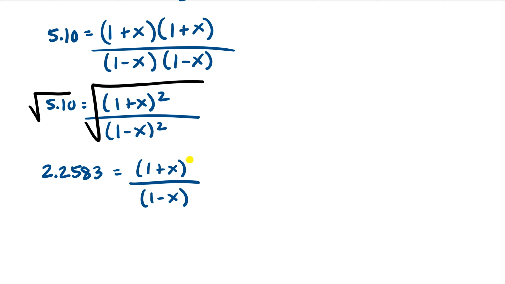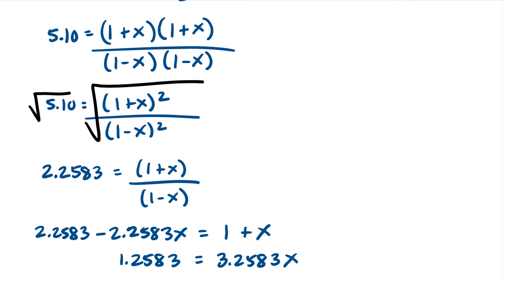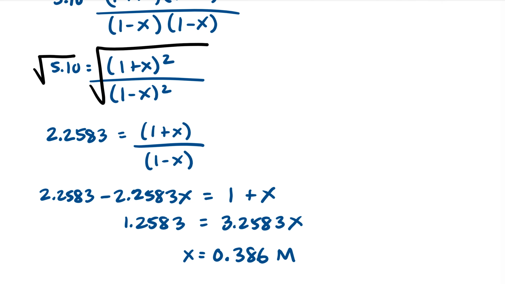And then on the right-hand side, this is the nice part about having that perfect square. You just end up with 1 plus X over 1 minus X. And now we're going to solve for X. I'm going to cross multiply here, rearrange, and solve for X. I get an answer of X is equal to 0.386 molar.